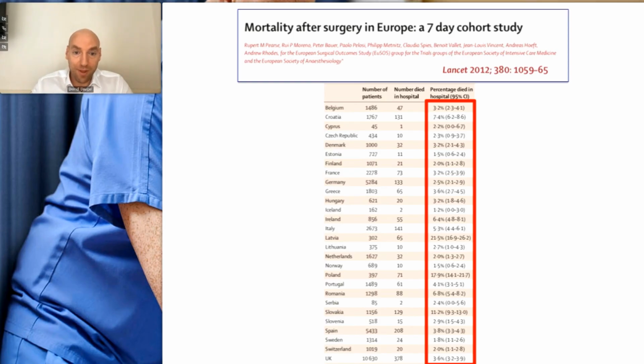For example, in Germany, the in-hospital mortality rate was 2.5%, which is not low as a percentage number, of course, but if you think how many patients have surgery each year, it's an enormous absolute number of patients we lose just a couple of days after surgery.